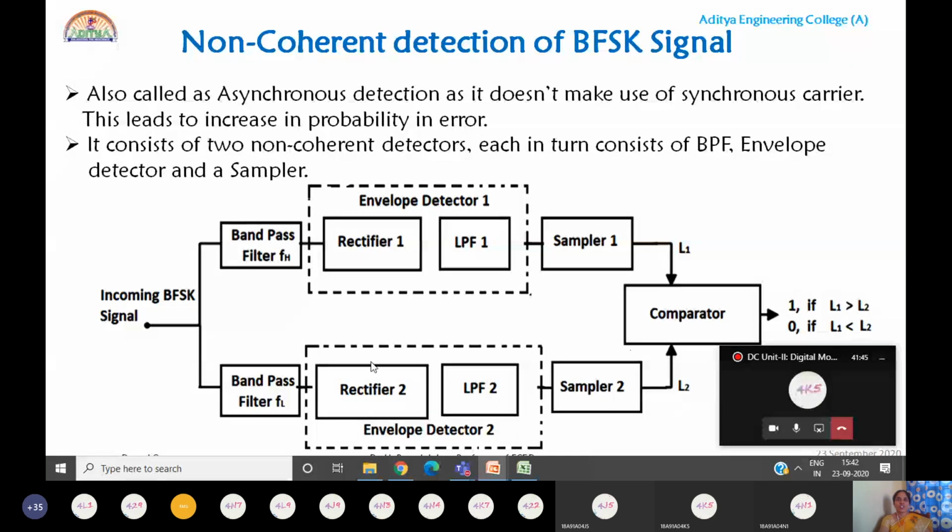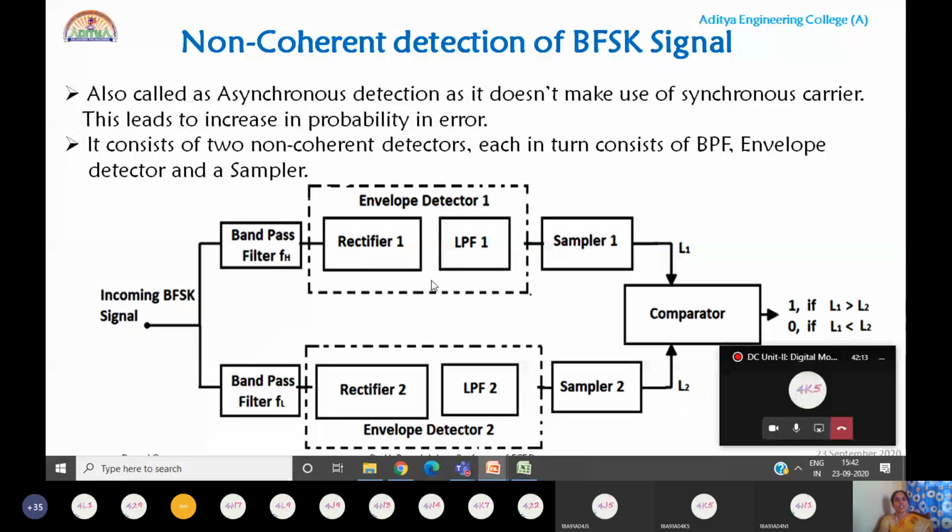This non-coherent detection technique is also called asynchronous detection or asynchronous demodulation, because it doesn't make use of any kind of synchronous carrier. Here please observe, anywhere you are using any cos 2 pi FHT product like that, you are not at all using any synchronous carrier components.